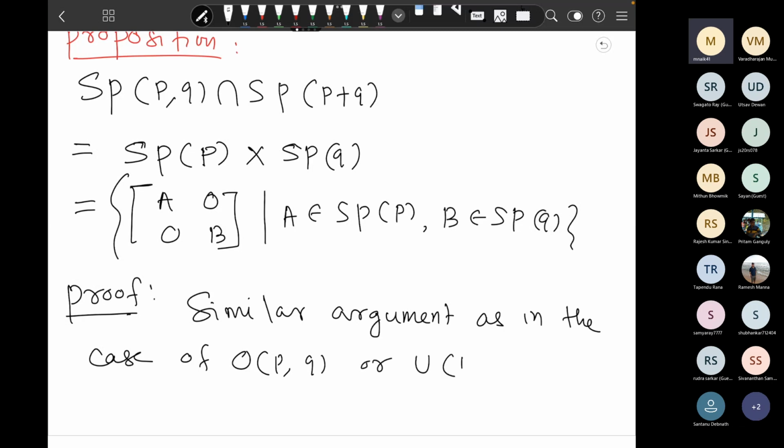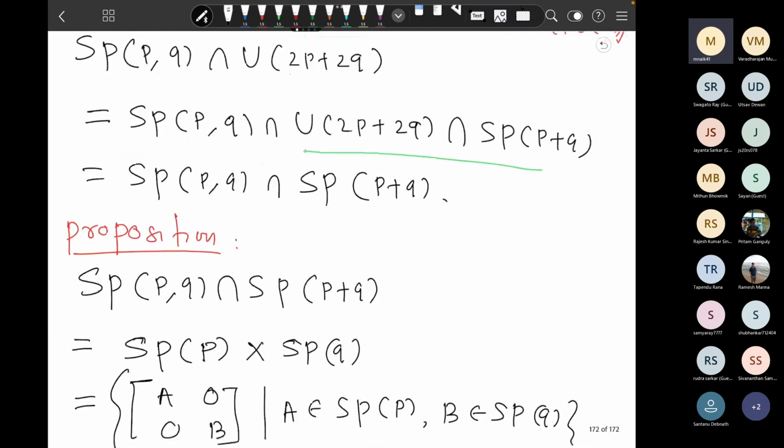You can do this thing. I will not do this thing because it is more or less exactly the same argument. Only the Euclidean inner product you have to replace by this so-called quaternion inner product, and some minor change of symbols are there.